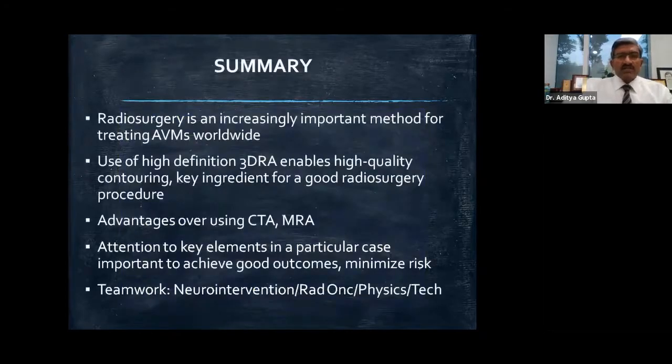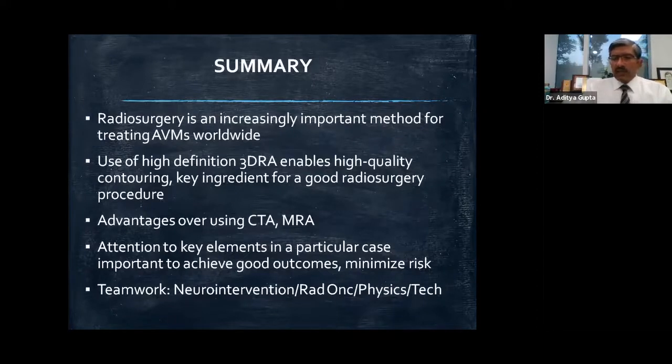To summarize my talk, radiosurgery is an increasingly important method for treating AVMs, and in most centers, it constitutes anywhere between 10 to 20% of the intracranial work. The use of high definition 3D rotational angiography enables high quality contouring.